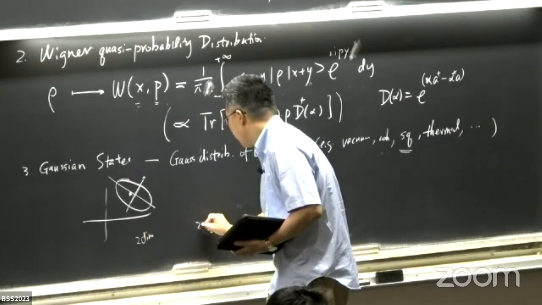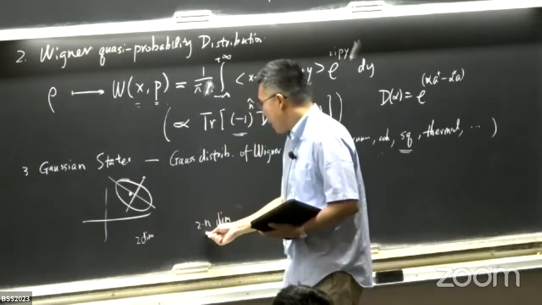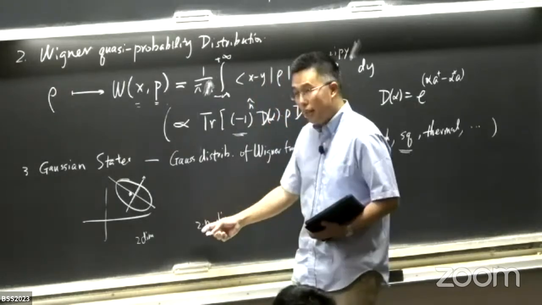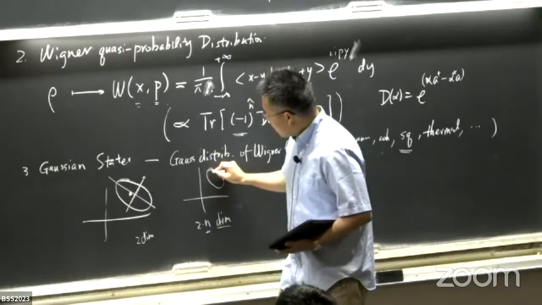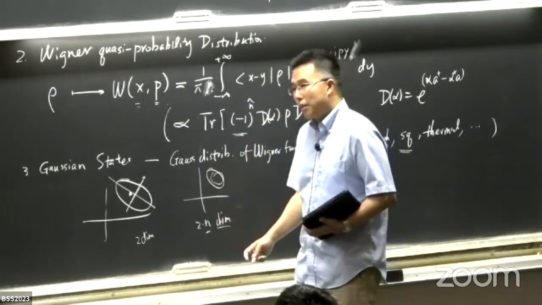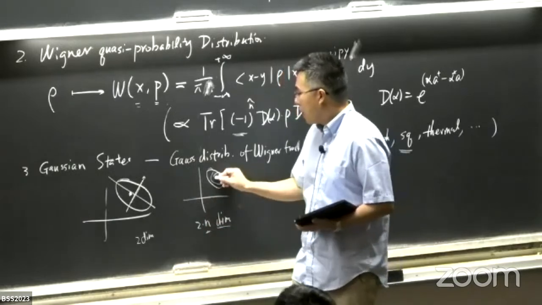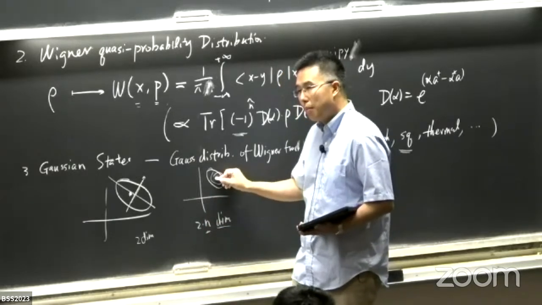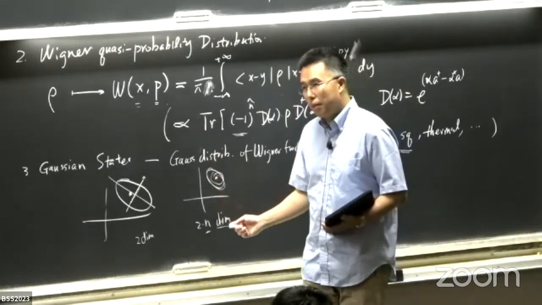Now, suppose you have n modes, which is characterized by a 2n-dimensional phase space. It turns out there is an efficient description for these higher-dimensional Gaussian states, because you just need to specify where the center is using 2n numbers, and this covariance matrix using of order n squared numbers.